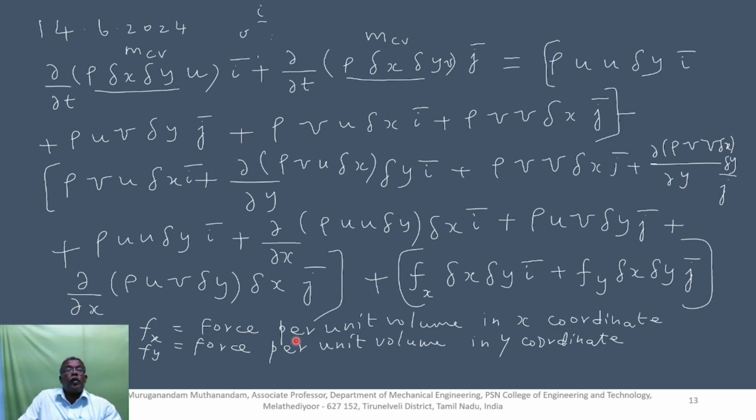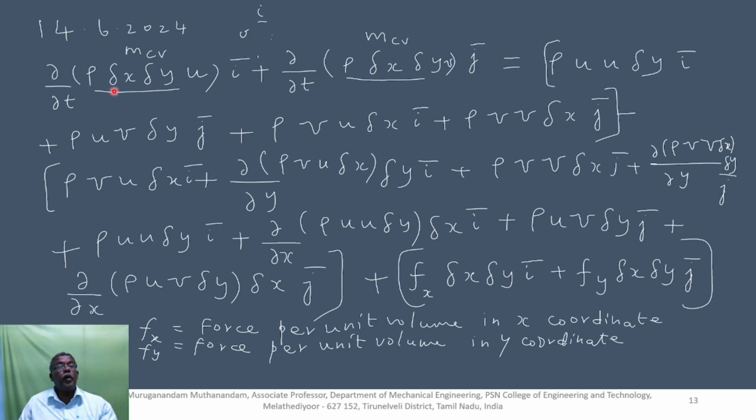Now these quantities are written using the variables density, components of velocity and size of the control volume. As we have already seen, the mass of the control volume is density multiplied by volume, where volume is delta x delta y. Along the z direction we have unit volume, unit distance. It's a two-dimensional control volume.